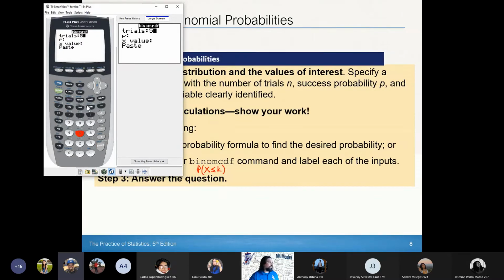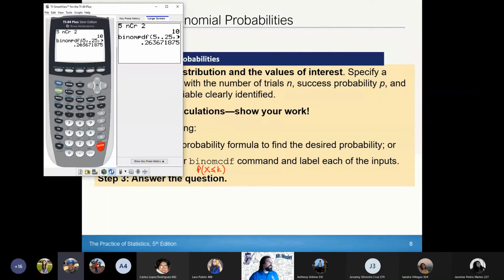We have 5 trials, 5 kids. Probability of success is 0.25. Value of x we're interested in is 2, so 2 successes. Remember, this is finding x equaling 2 successes. Enter and enter, and we get the same result as they had in the example.